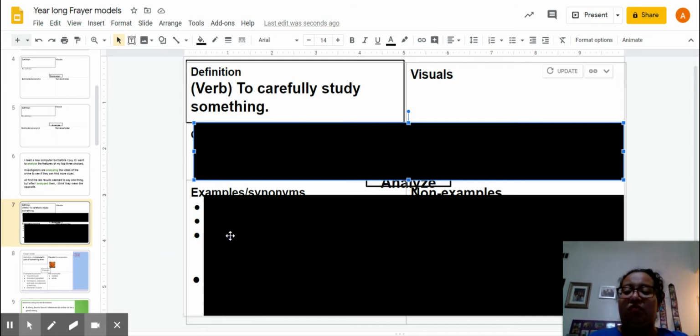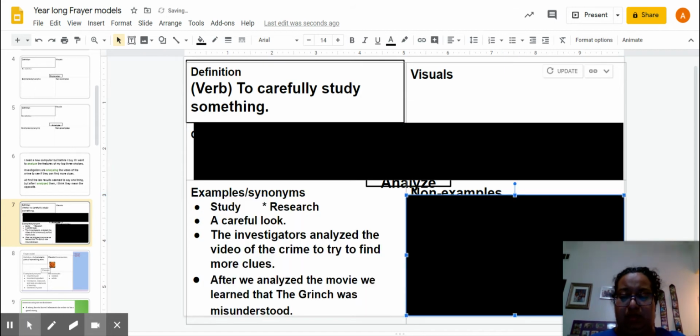Next, after we do the definition, and this is from a dictionary, we do the bottom. We do the examples and synonyms. Okay, so for our first example, I'll just show you all of it. Okay. Synonyms, words that are similar to analyze would be study, right?